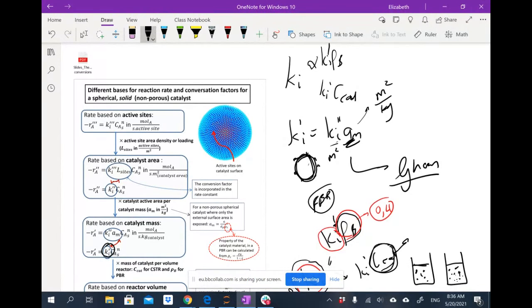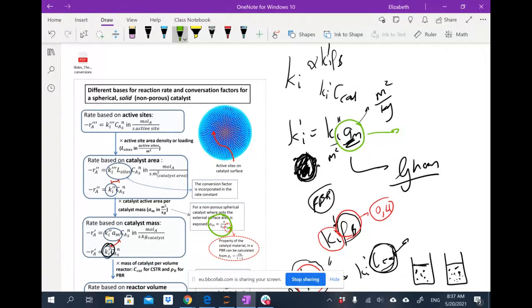So it's like you've got iron that catalyzes your reaction, and you've got iron balls in your reactor that are non-porous, so only the external surface contributes to the catalytically active sites. Now my Am is the same equation for both of my catalyst particles, so that is going to be equal to 6 over the particle diameter times the catalyst density. That catalyst density is the density of those iron balls or whatever you have in your reactor.